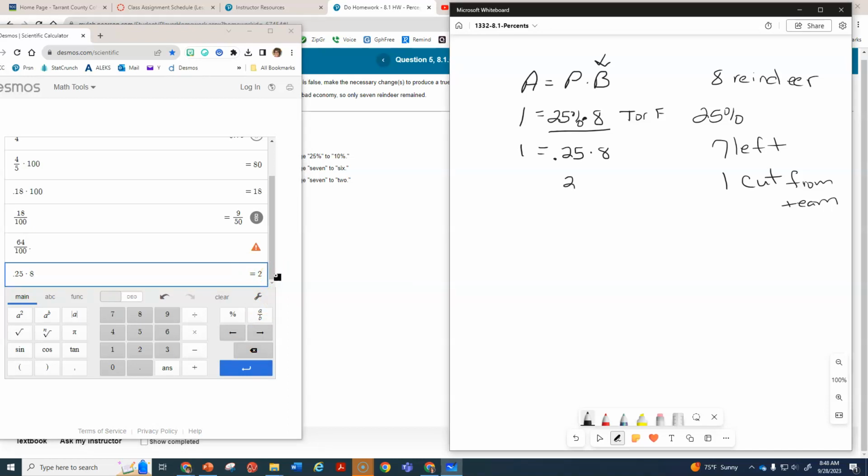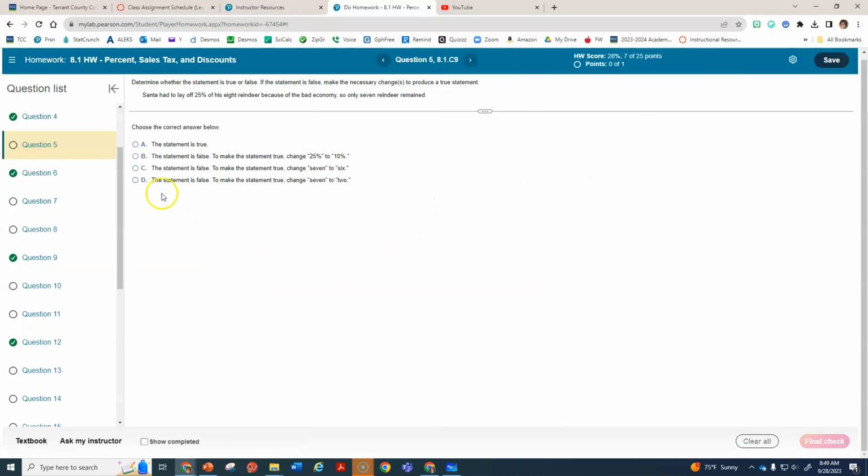So we end up with a statement that says 1 is equal to 2, which is false. So they should not have laid off one reindeer. If you're truly going to cut 25% of 8, you're going to have to fire 2 of the reindeer. So the statement is false. To make the statement true, change 25 to 10.